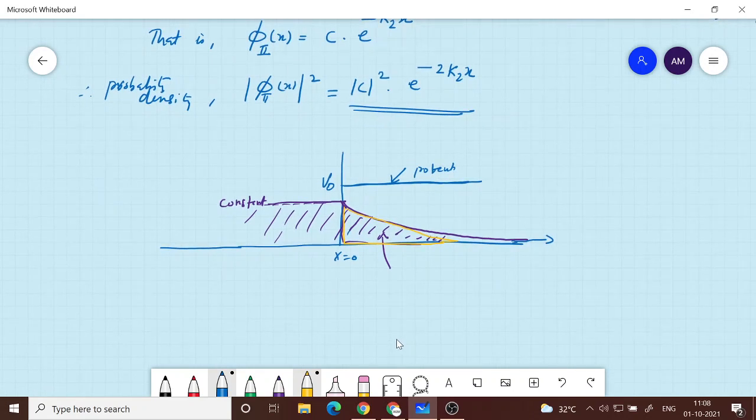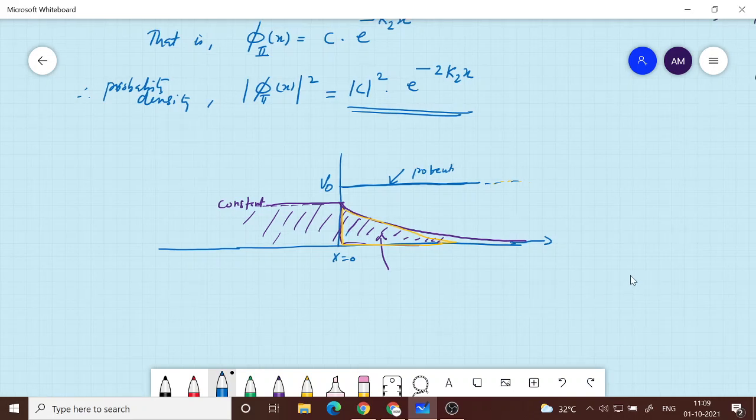The next step is, instead of the barrier extending to infinity like this, what will happen if you take a finite width for the barrier, and the potential goes back to 0 after some length. That is a more interesting problem, but the analytical solution is very, very tedious, so I will not do this algebra because it will just waste time.